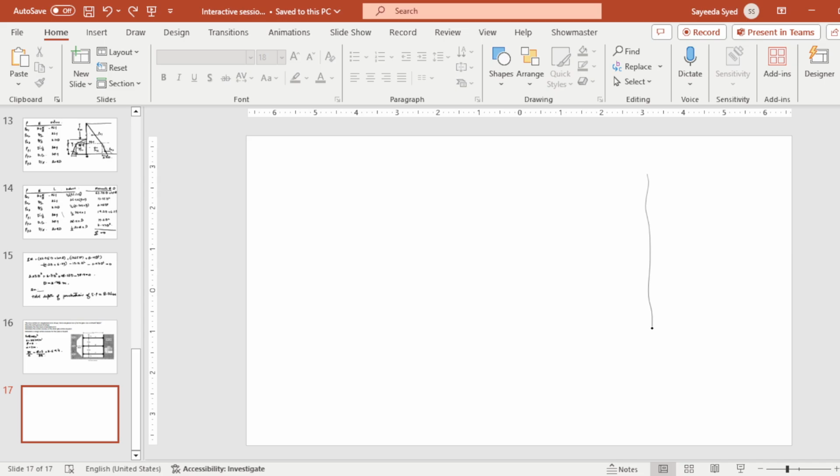So this will be 0.25 H. This will be 0.5 H, and this will be 0.25 H. Here we will have 0.2 to 0.4 times gamma H. So this is the pressure diagram for our current problem.